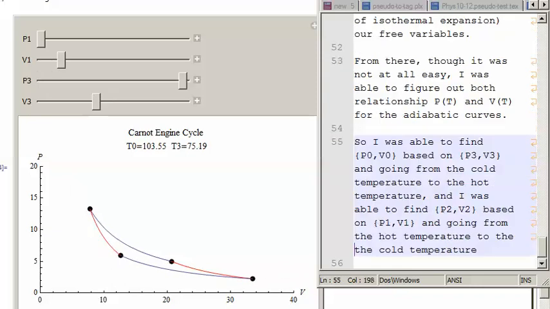So, I was able to find P0, V0 based on P3, V3, going from the cold temperature to the hot temperature. And I was able to find P2, V2 based on P1, V1, going from the hotter temperature to the colder temperature.